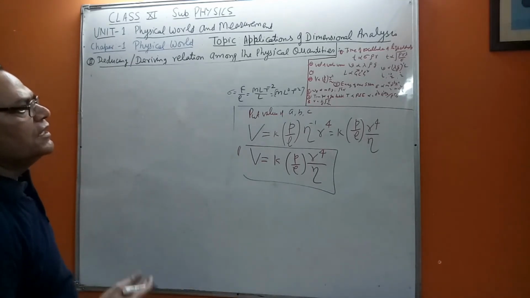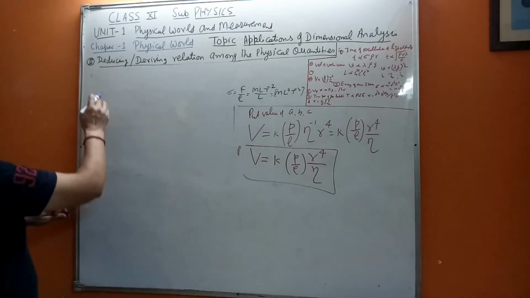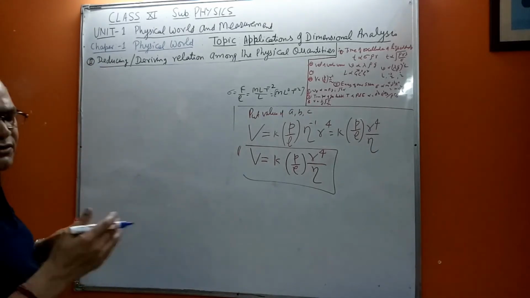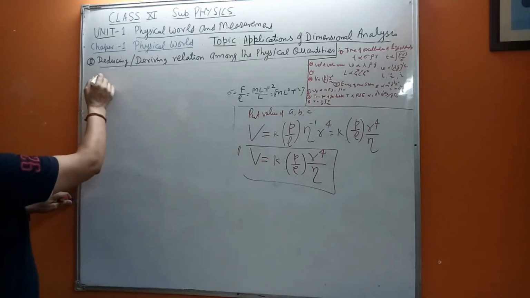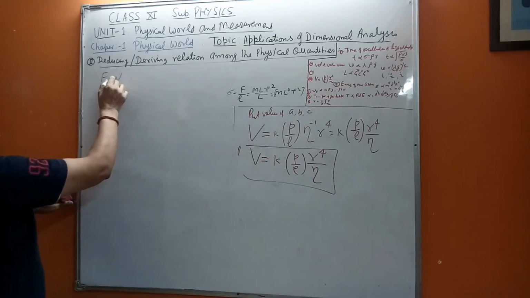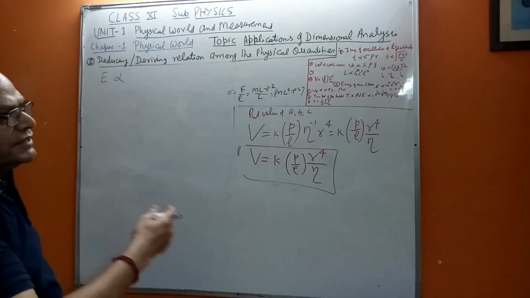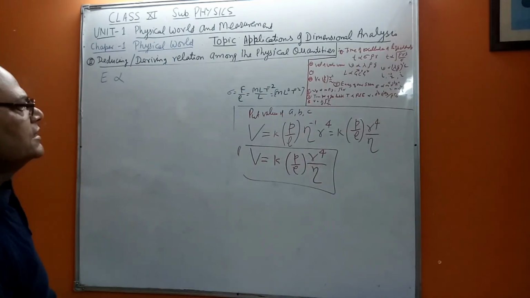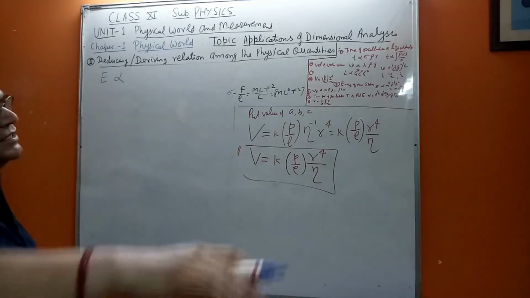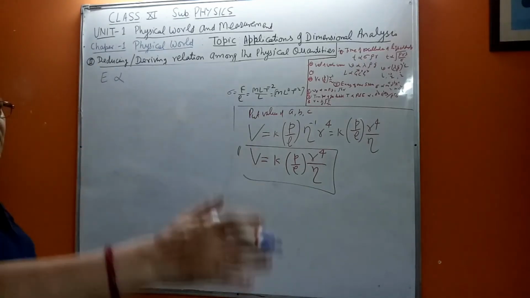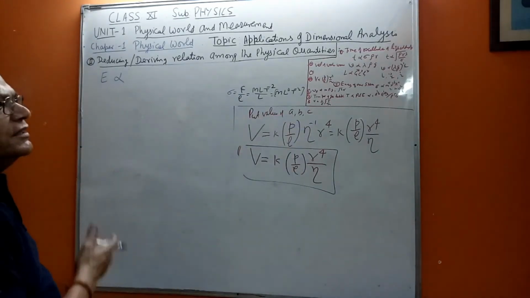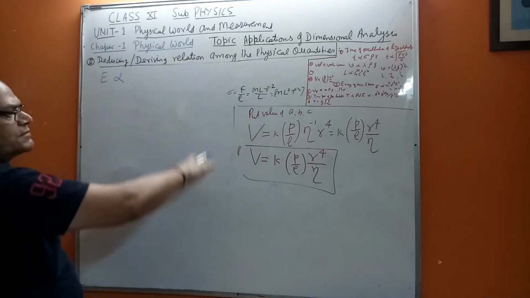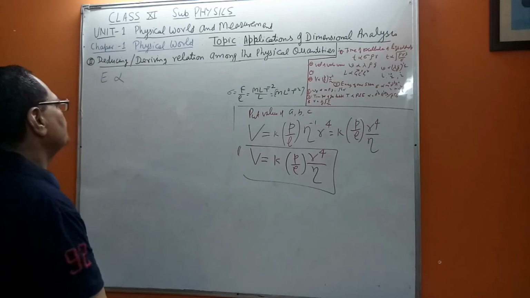So the energy of oscillation, that is the energy of a particle in SHM, E, may depend on the mass, may depend on the frequency of the wave or the particle, and of course the amplitude, that is the maximum displacement from the mean position.